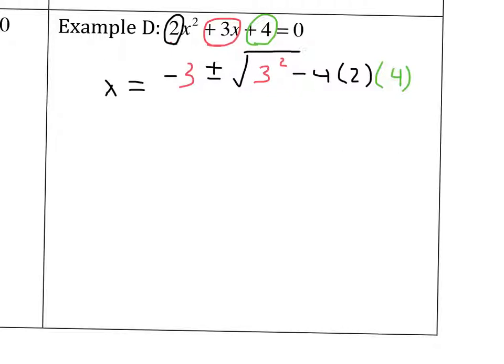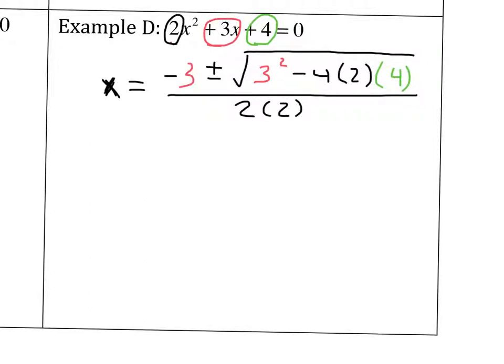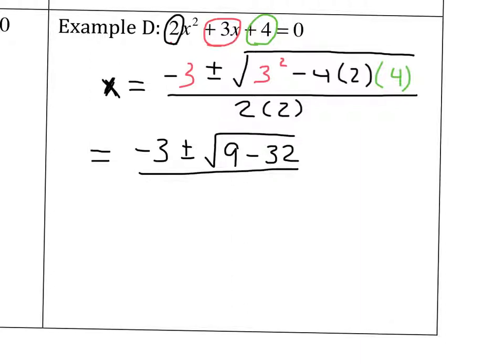Don't forget the radical goes all the way across. All over 2a. So let's continue. Negative 3 plus or minus 9 minus 32, because 4 times 2 is 8 times 4 is 32, all over 4. And then from here, we got plus or minus negative 23.